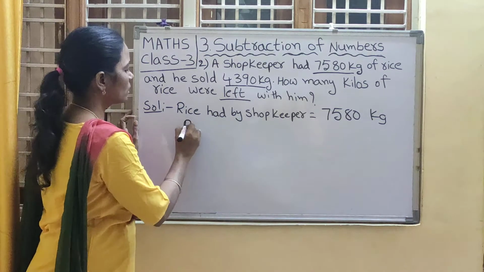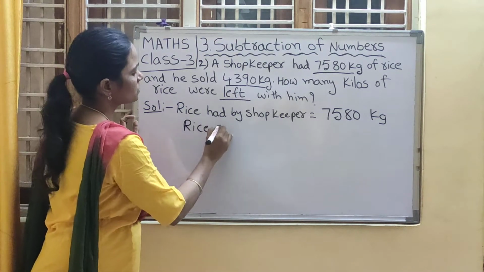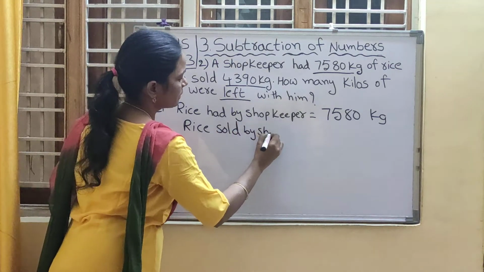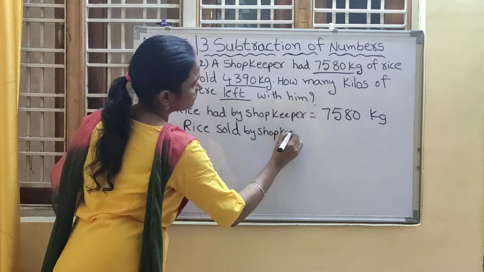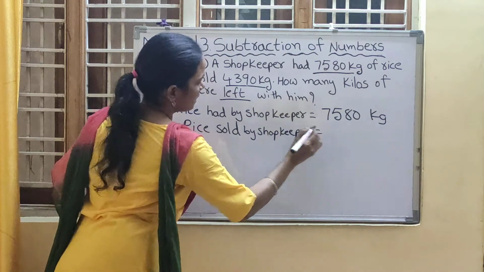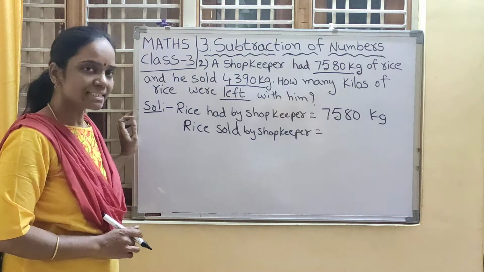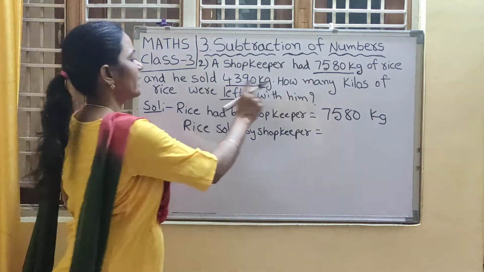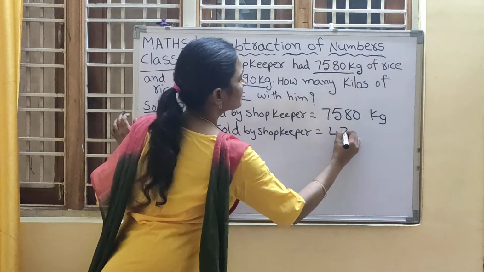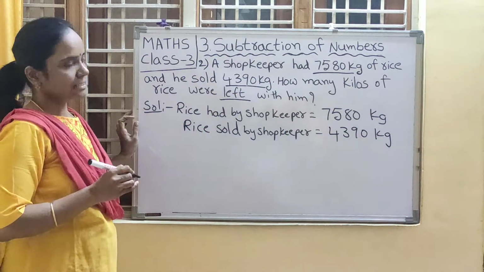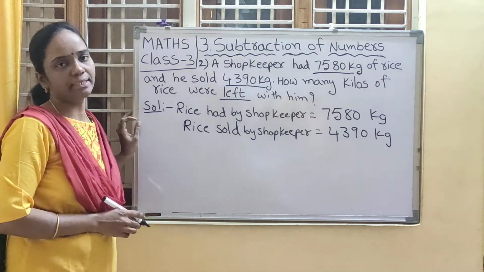Rice sold by shopkeeper. Yeah, rice sold by shopkeeper. How many kgs of rice did he sell? Very good. 4,390 kgs.